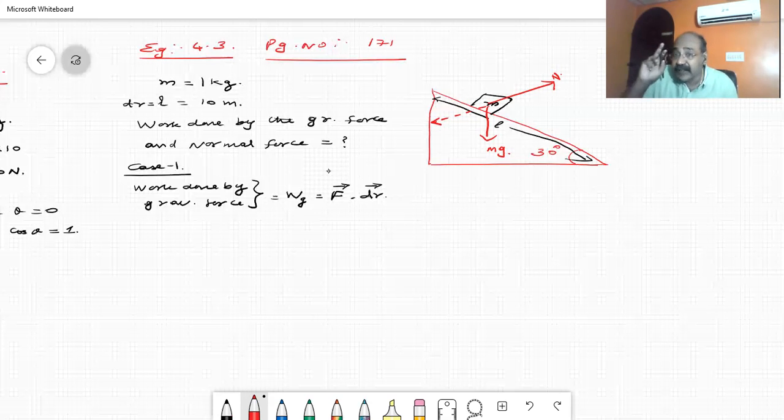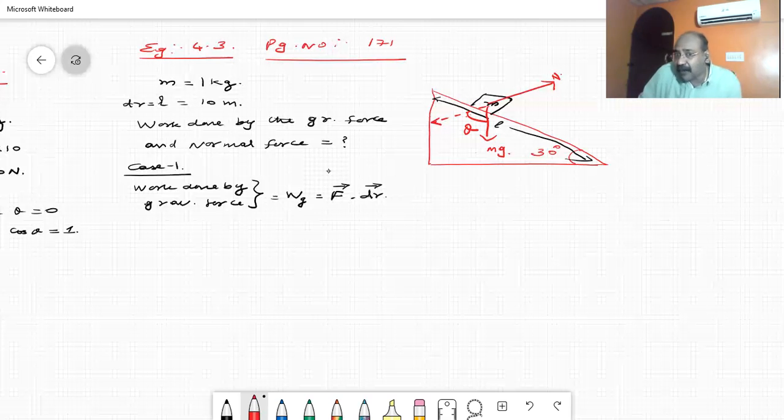Now you resolve the gravitational force Fg, that is mg, into two components. The angle between the normal and the vertical force acting is represented as theta, which is equal to the angle of inclination. When you are resolving mg, it can be resolved into two components. One is the adjacent component and another one the opposite component.